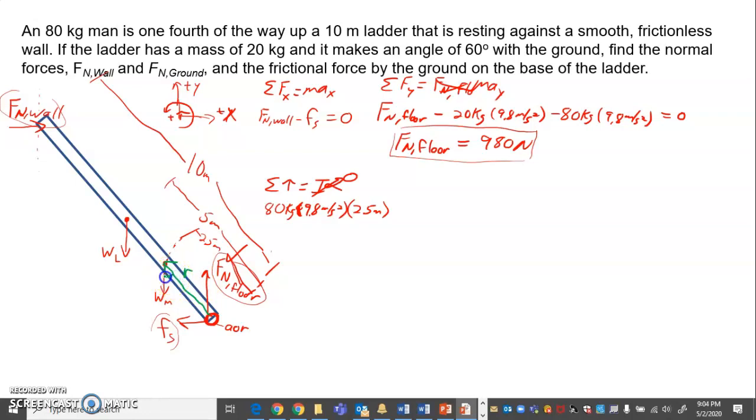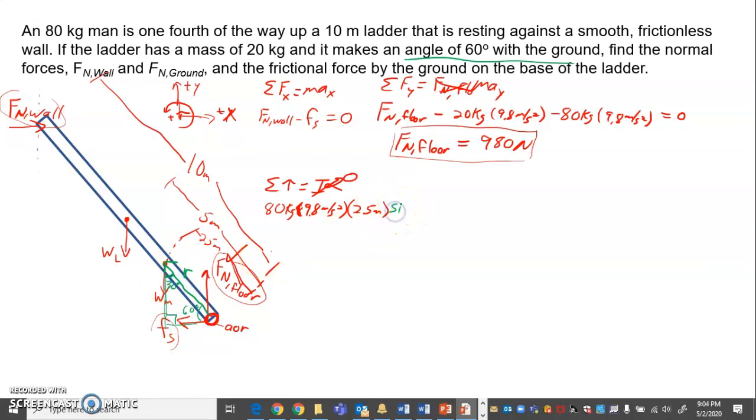But we need to know this angle right in here. We were told that the ladder makes an angle of 60 degrees with the ground. So this angle here is 60 degrees. And if we look at this triangle that I can trace out right here, that's a 90-degree angle. So that means this is a 30-degree angle.